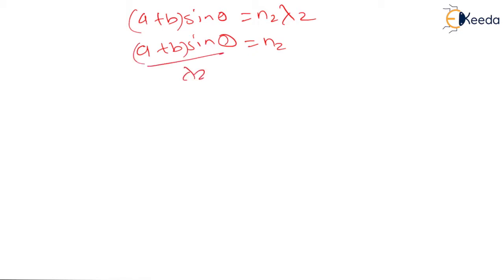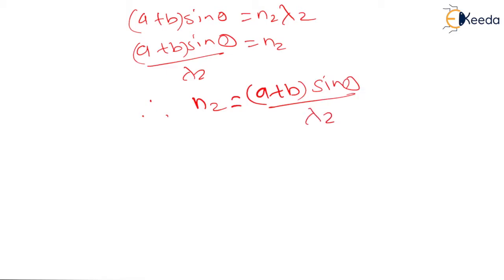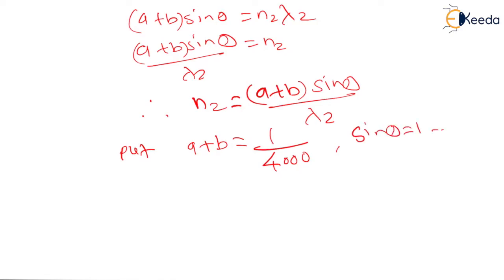Again a plus b sin theta is equal to n2 lambda 2. So n2 will be a plus b sin theta upon lambda 2. Put a plus b equal to 1 upon 4000 lines per centimeter, sin theta equal to 1 for maximum, and lambda 2 equal to 7.5 into 10 raised to minus 5 centimeter.